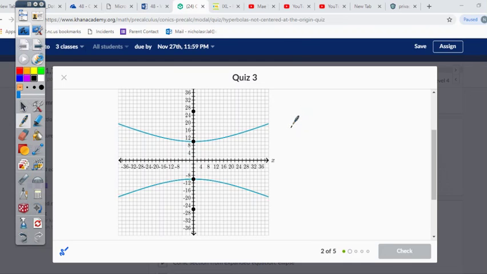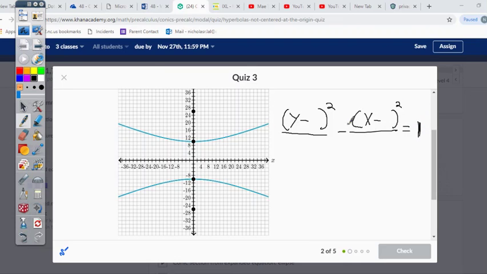So we're going to have y minus something here. And the x term is going to be negative. X minus something here. That's all going to be equal to 1.